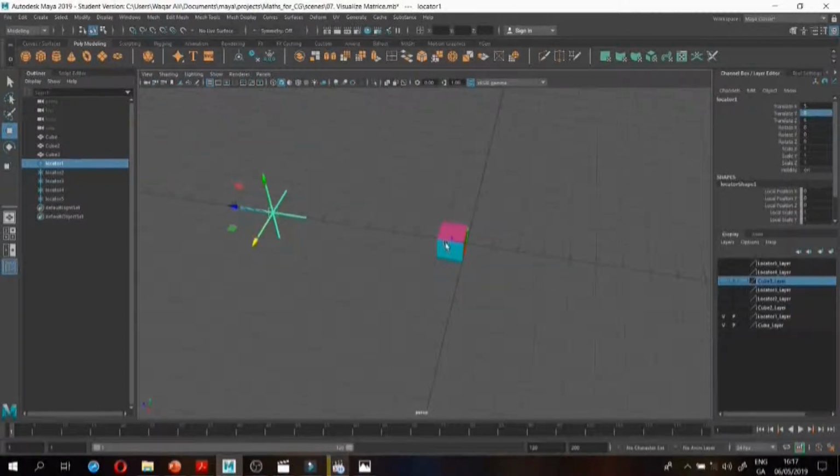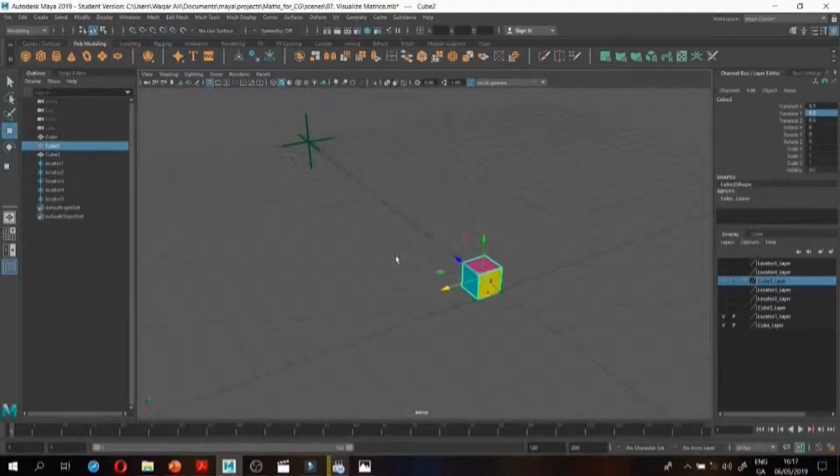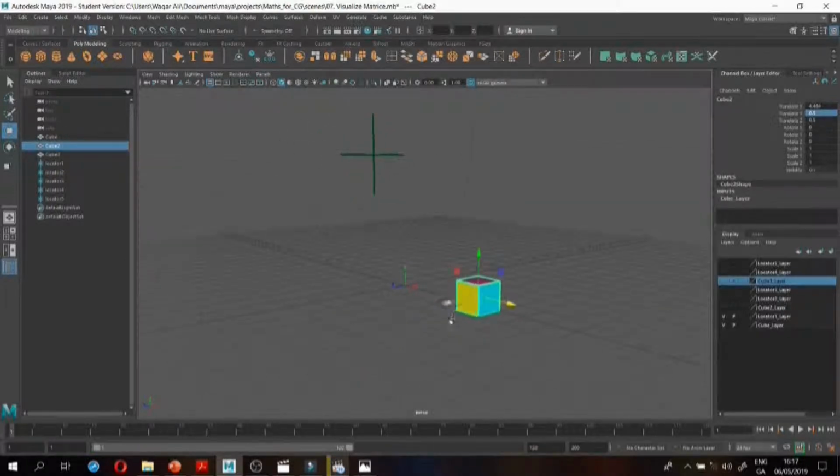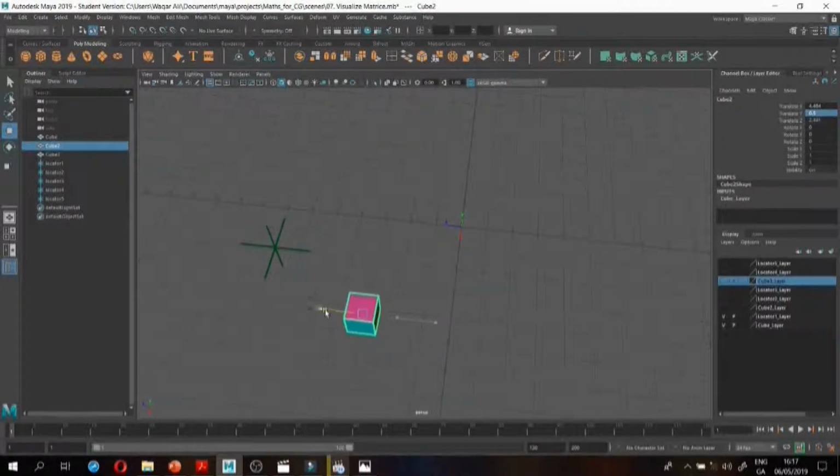So you'll see the locator here. Now we'll move this cube manually: 2, 3, 4, 4.5, somewhere here, and then in this direction 4.5, 2, 3, 5 here.